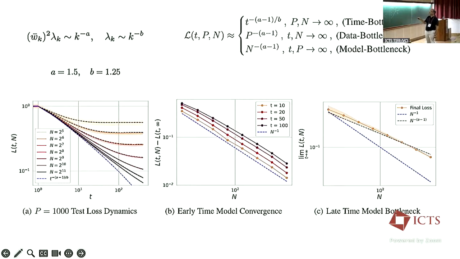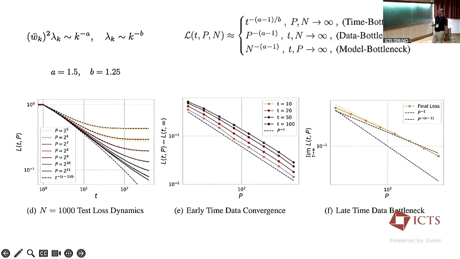But later on, when the width becomes the bottleneck, the scaling exponent is governed by the model's expressivity, and I start seeing that power law over here. The model transitions from 1 over N scaling to some other scaling law, because expressivity has become a bottleneck. The model is not expressive now.